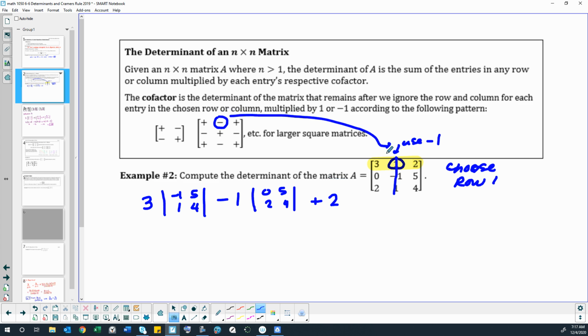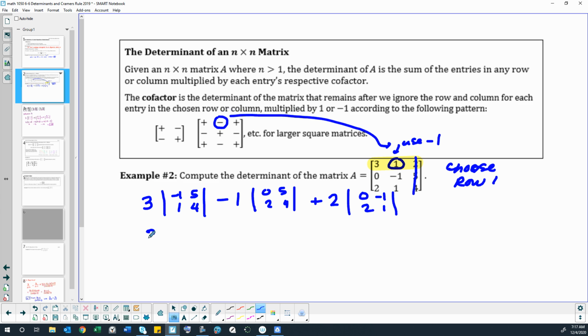Now just to be clear, if this number right here, the positive 1, had been a negative number, then that negative would have changed it to a positive, just to make sure we understand that. It would change whatever sign is there. Okay, so there's the column that 2 is in, and now we're going to go 0, -1, 2, 1 for the 2 by 2 that's remaining.